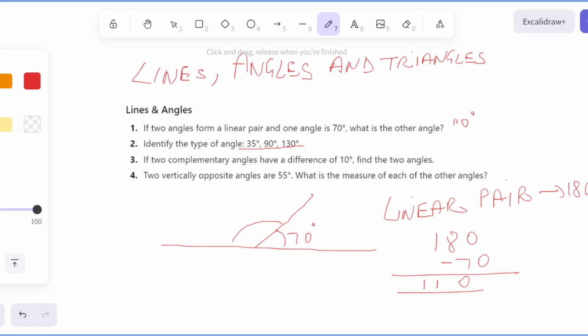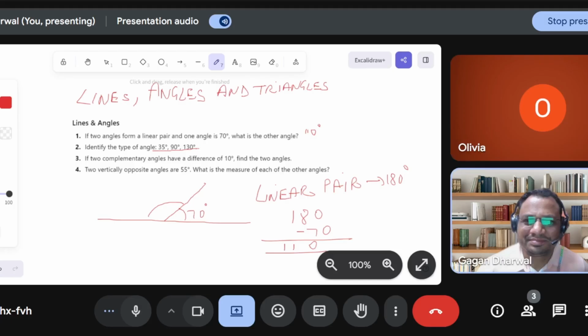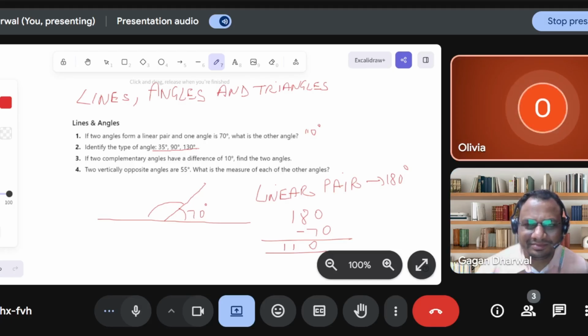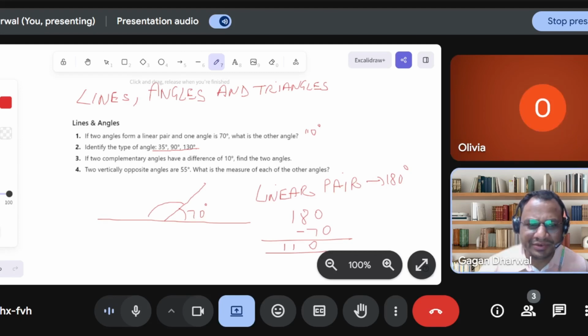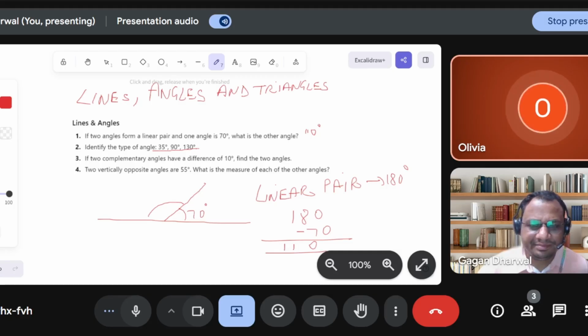So what are acute angles? Angles that are less than 90 degrees. Next, which are the next ones? The right angle. What is that equal to? 90 degrees. Super. And then the obtuse angle.